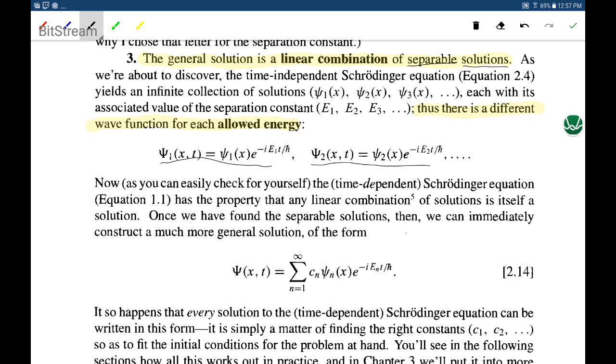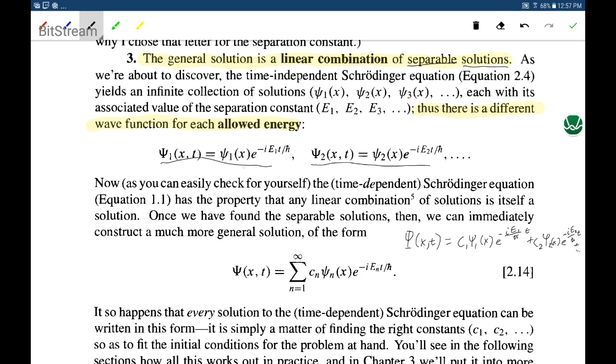So I can just literally find my capital Psi, that's a function of x and t. These are going to have, say, some constant out in front of them, c1, and then we have psi 1 of x, e to the negative i E1 over h bar t, plus c2 psi 2, that's a function of x, and then e to the negative i E2 over h bar t, and so forth.